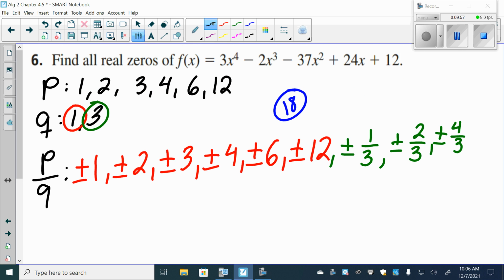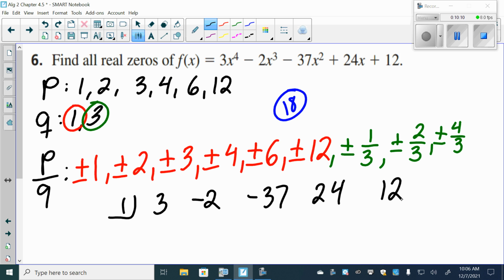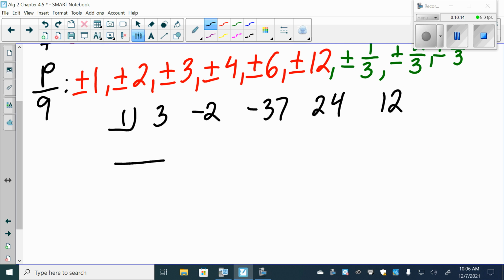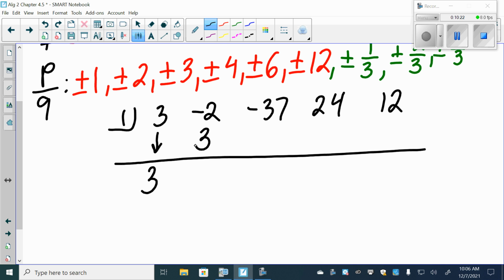And what we're going to do is use synthetic division. 3, -2, -37, 24 and 12. Bring down the 3. 1 times 3 is 3.